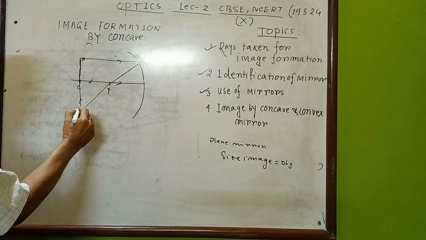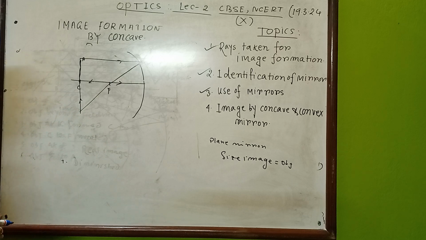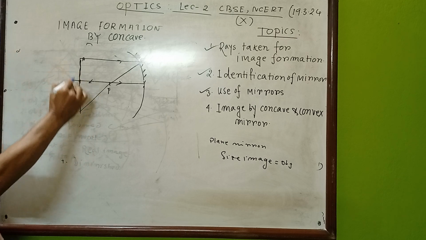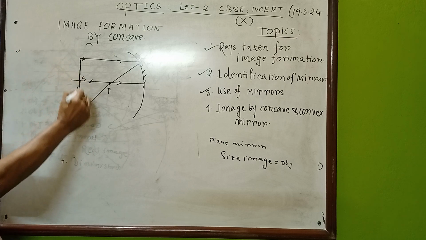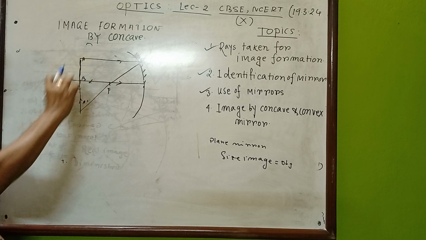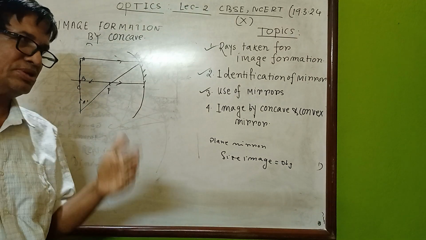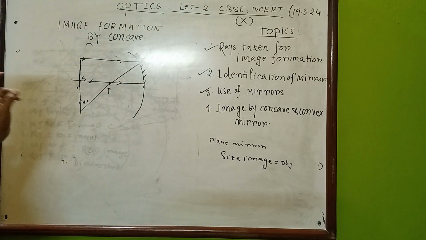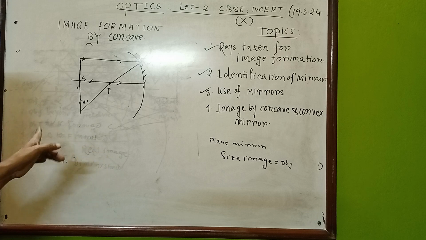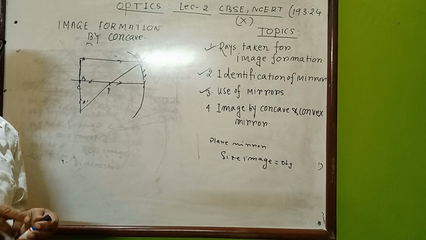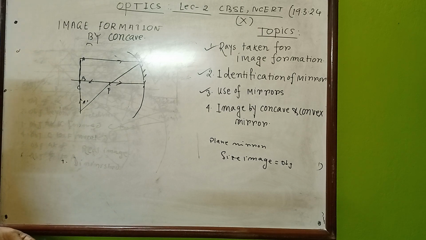That means in that case you are getting the image at the center of curvature. One thing you always remember, here AB and A prime B prime are the same size. That means you are getting an image of the same size as the object, but inverted, formed at the center of curvature. So if you place the object at the center of curvature, then the image is formed at the center of curvature, and the size of the image is equal to the size of the object.